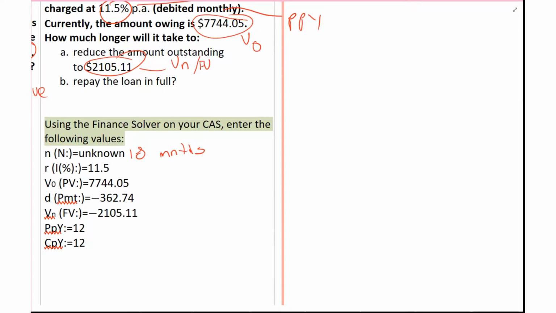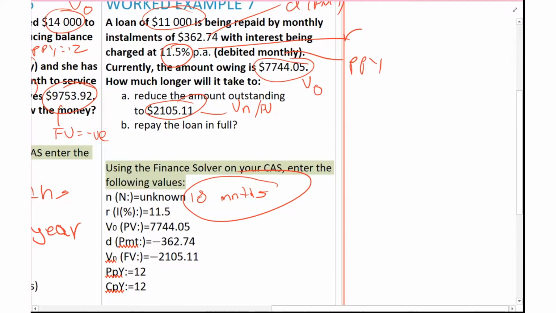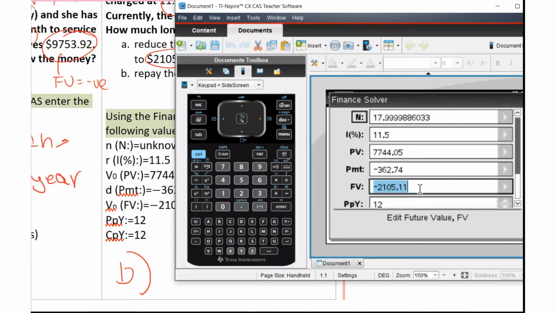All right, so what we're doing in this part is repaying the loan in full. So what you need to do here, that was for A. What we do is repeat what we did up in this value here. So for B, I'll do the same thing, except I will change FV to 0, and I press enter.